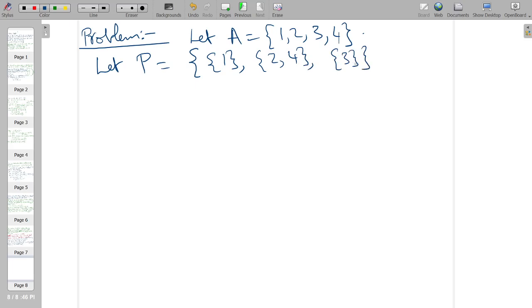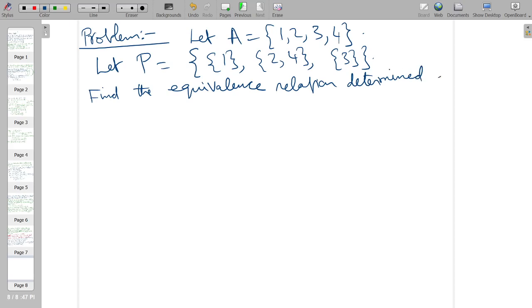This is the partition of X. Now what we have to do is find the equivalence relation R determined by P.